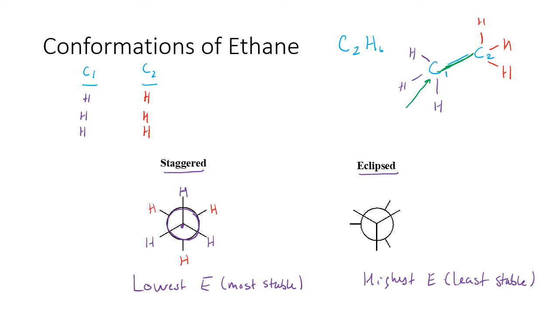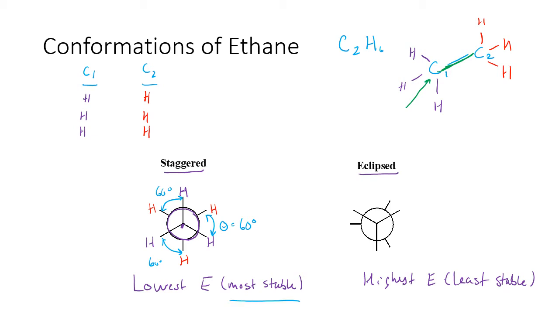So in our staggered conformation, if we were to think about what is the dihedral angle between a back carbon's hydrogen and a front carbon's hydrogen, here theta would be equal to 60 degrees. Between any back hydrogen and any front hydrogen, those are going to all be 60 degrees apart. So in the staggered conformation, that's the farthest they can space themselves out, and so this is going to be our most stable Newman projection.